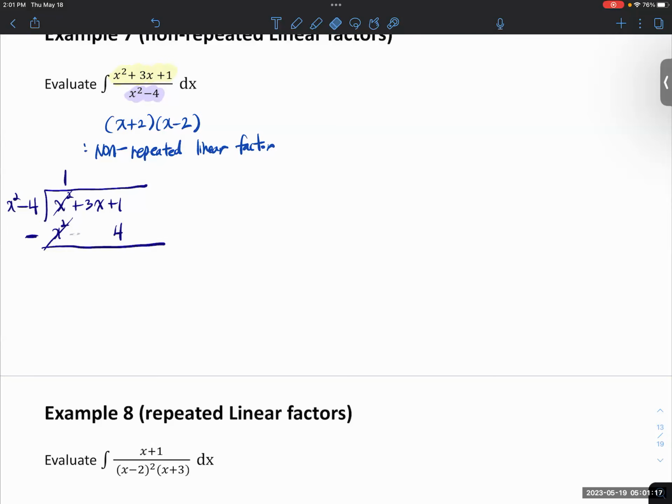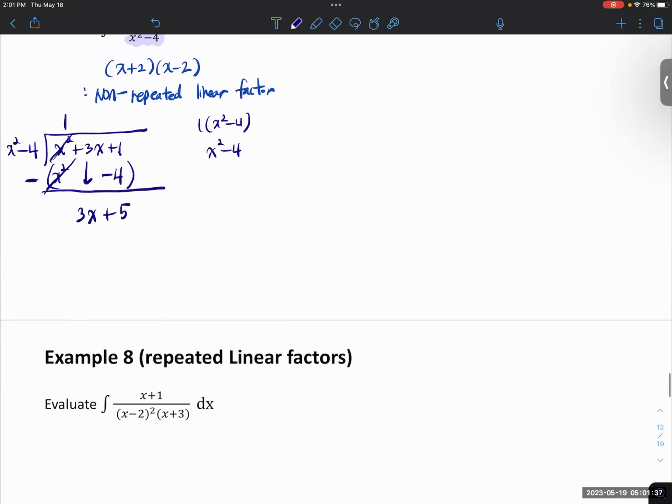Let me get rid of this. We have negative 4 here, because 1 times x squared minus 4 is x squared minus 4. So x squared minus 4, and then you subtract. So they cancel, bring down 3x, 1 minus, change it to positive.